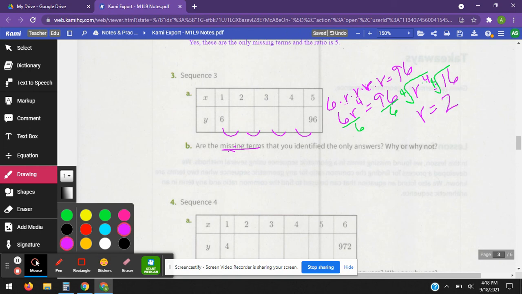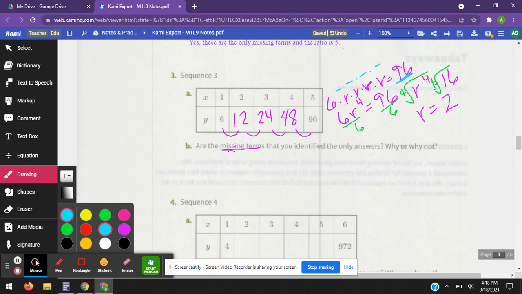So it's 2. So 6 times 2 is 12, 12 times 2 is 24, 24 times 2 is 48, and then it's 96. But here's our thing with that negative. Only answers, no, because a negative times a negative times a negative times a negative still gets me a positive.